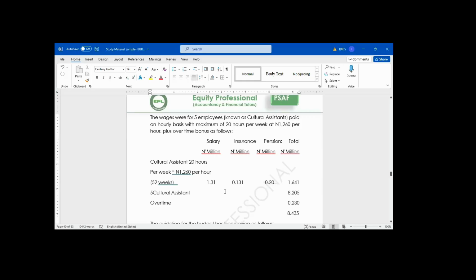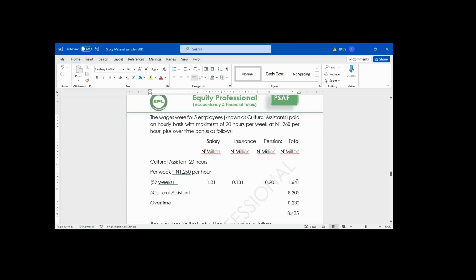So this wages is for 5 employees, but they first of all calculate for one employee. They add the insurance, they add the pension. The total wages for one employee is 1.641.